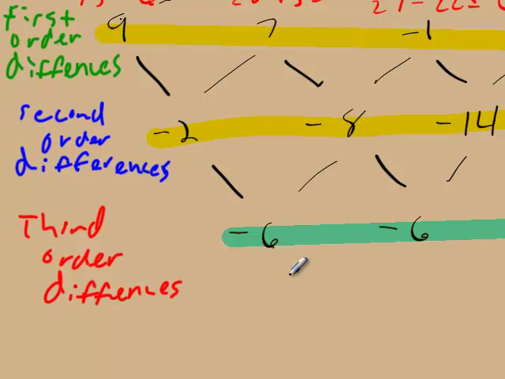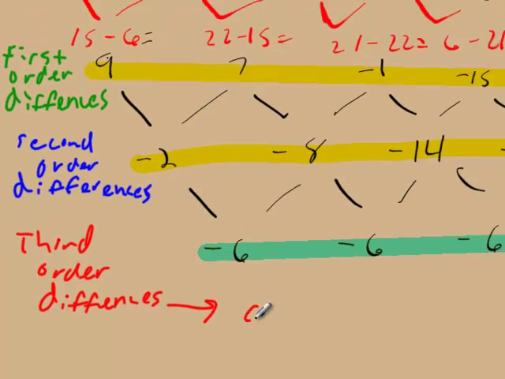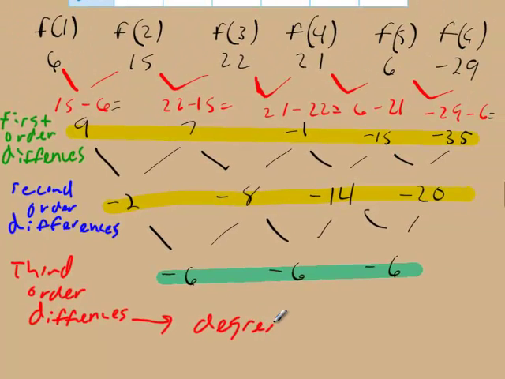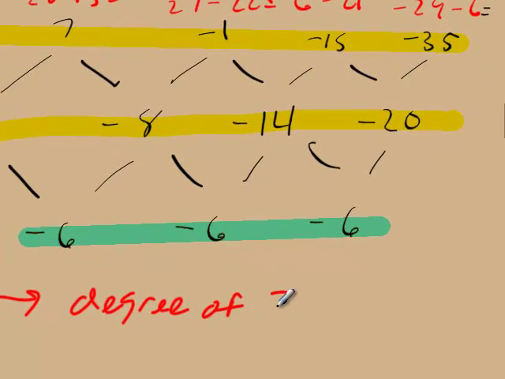And because our third order differences repeated, that means that our function is going to have a degree of 3, or it's going to be cubic. So now I know what type of polynomial we're dealing with.